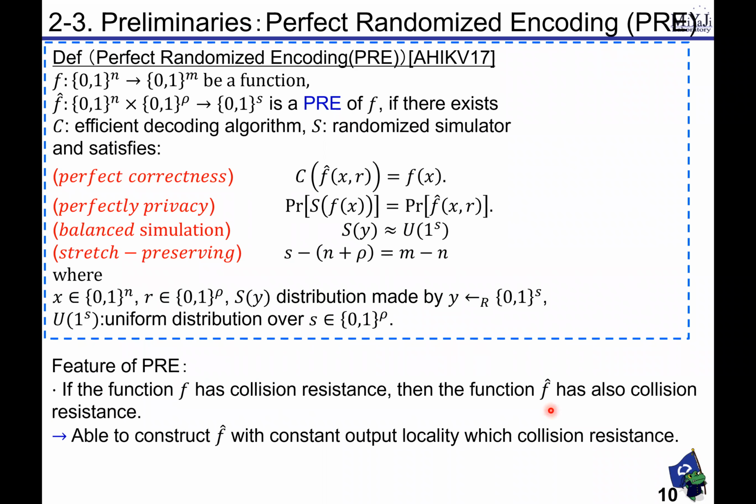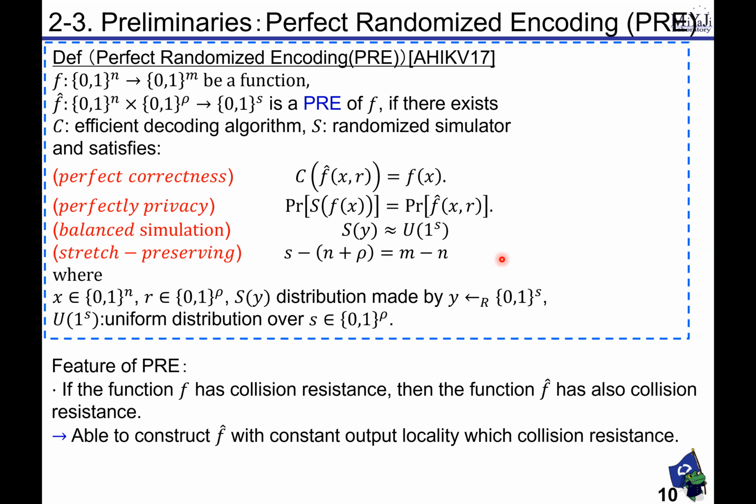So next is the perfect randomized encoding, PRE. We use PRE to construct the constant upper locality. So how we construct it: given F as an n bit to n bit function, F hat is a PRE of F if there exists an efficient decoding algorithm C and a randomized simulator S and it satisfies these 4 notation features.